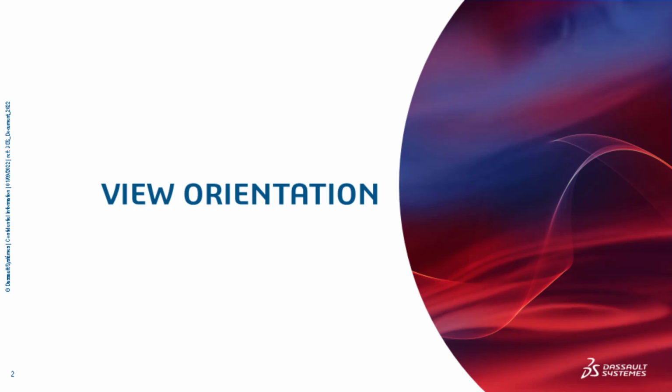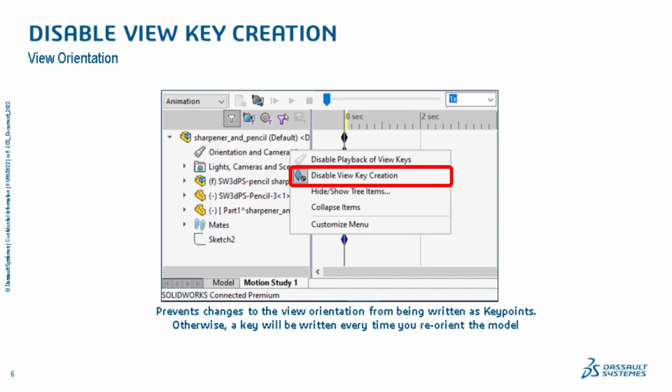First, let's talk about view orientation. Again, we first discussed view orientation in the Introduction to Motion Manager presentation. And to review what was discussed in that presentation, we talked about two controls that are available in the Motion Manager related to view orientation. First is disable view key creation.